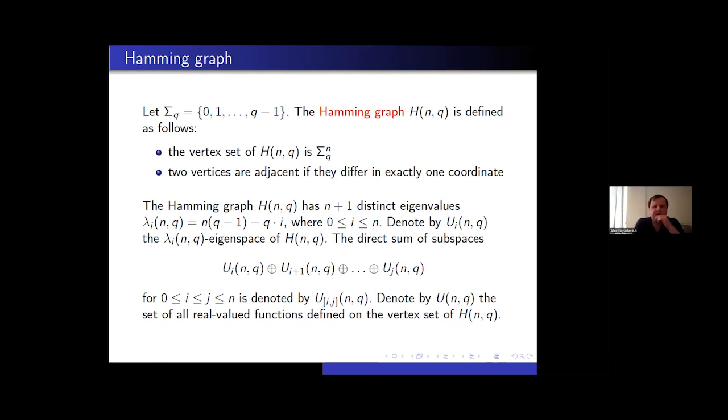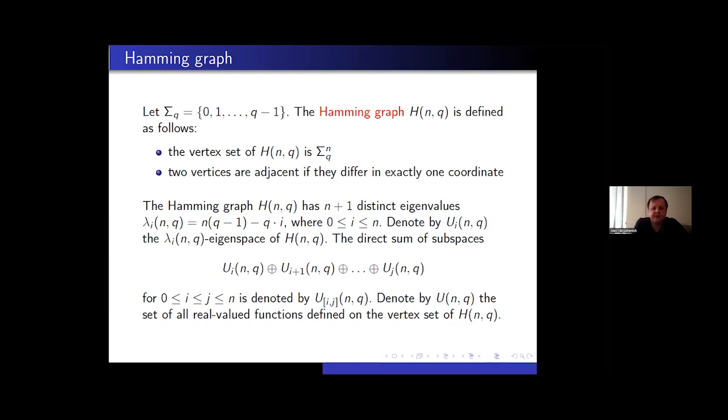The vertices of this graph are all words of length n over the alphabet sigma q, and two vertices are adjacent if they differ in exactly one coordinate. The Hamming graph H(n,2) is also known as the n-dimensional hypercube or n-cube.